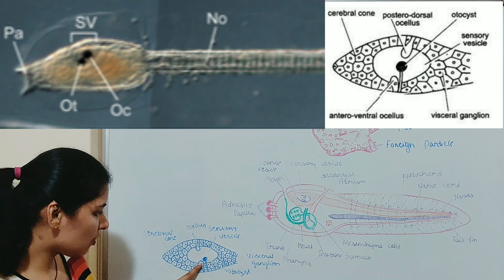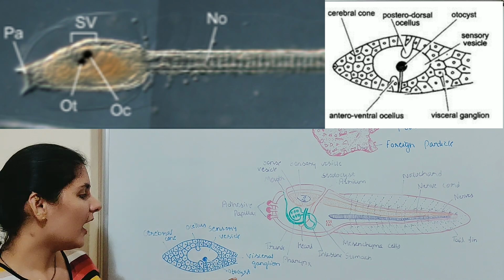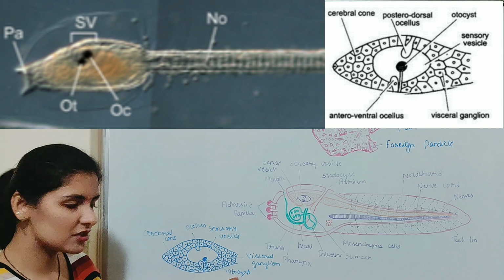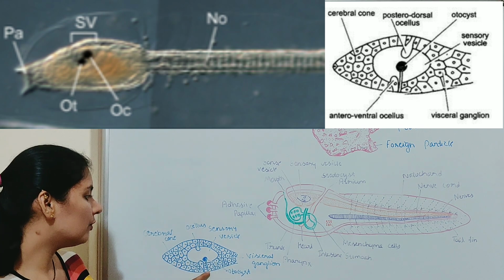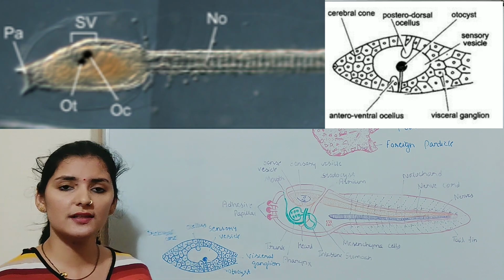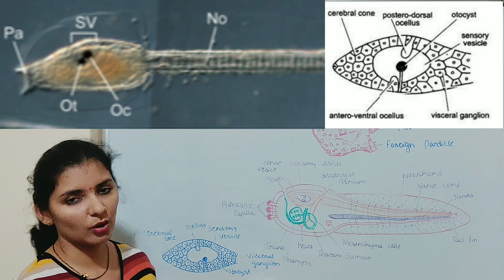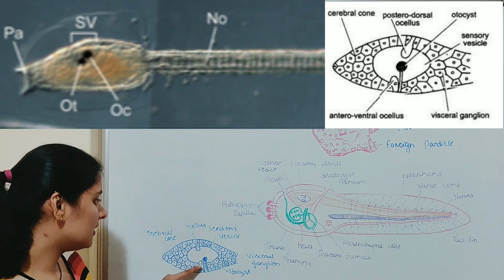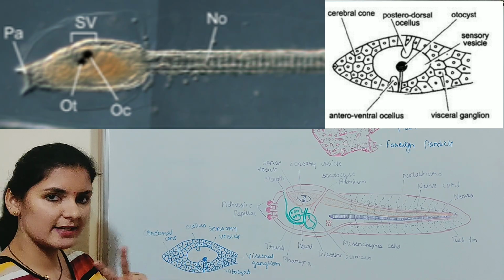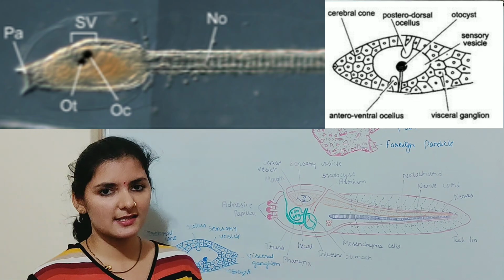Just behind this smaller ocellus, this pigmented otocyst is present. And this otocyst or statocyst is also attached to the floor of this sensory vesicle. This otocyst or statocyst acts as an organ of equilibrium, whereas the ocelli, that is two structures, act as a sensory organ.